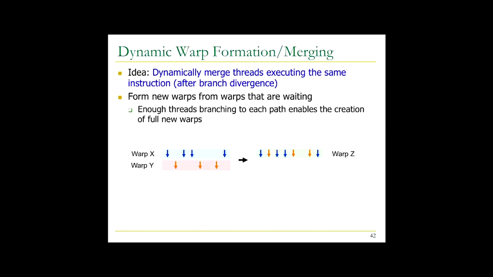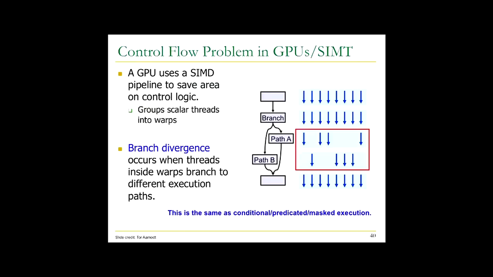You can combine them to be a more full warp, assuming they're at the same program counter, of course. And that's how we combine them, right? Does that make sense? Now these threads will get their data correctly because this is executing in this lane, this is executing in this lane. And remember the lane structure that we had over here?